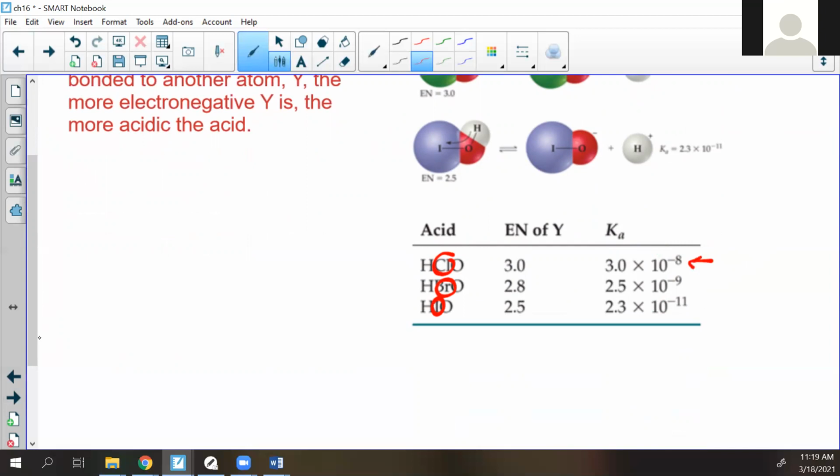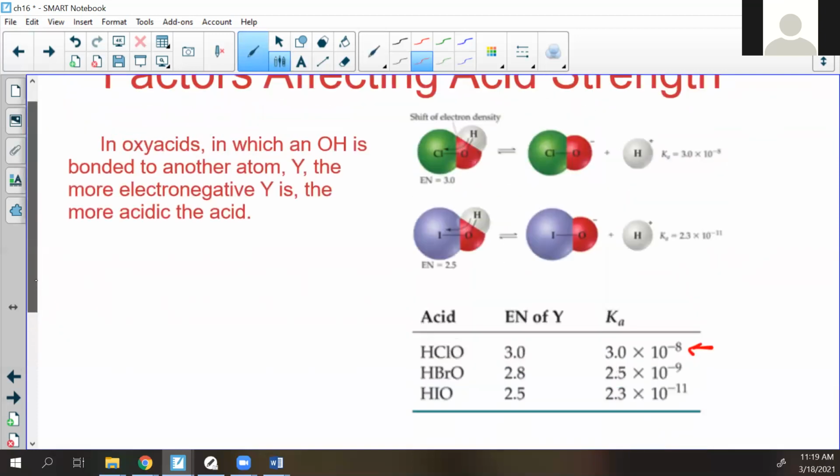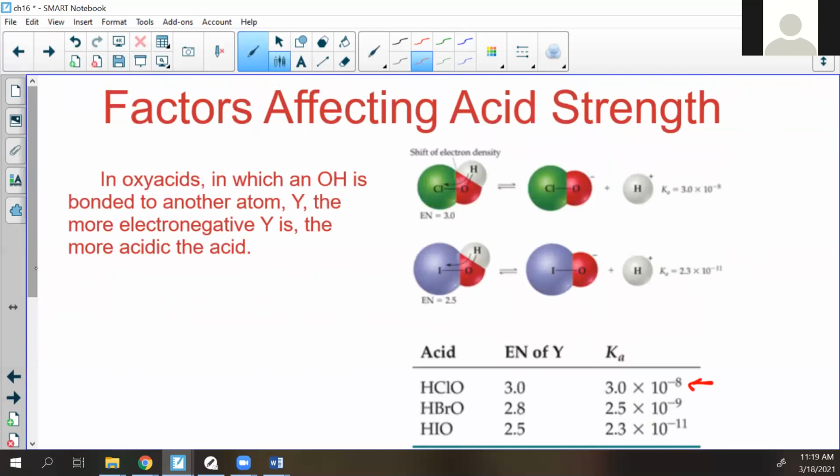So that's why when we listed the strong acids, we listed the HClOs, but not the HBrOs or HIOs, because they're not. So the more polar, the stronger it is, unless it's hydrochloric acid. That's a good way to look at it.